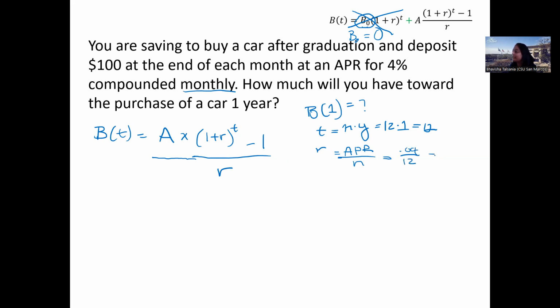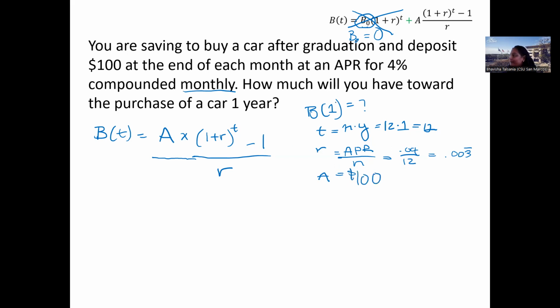Now, when you put this into your calculator, I believe it's 0.003, and the 3 just continues on forever. If it's not a whole number, I just like to leave it in fraction form. And I strongly suggest you do the same and just have the calculator figure out the rounding. And then one more thing, our A is $100. We're depositing $100 every month.